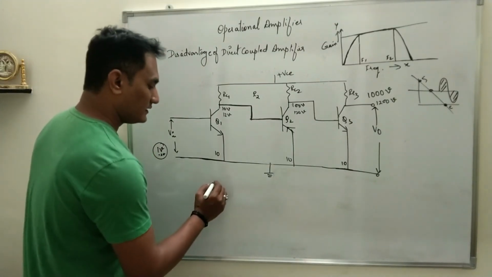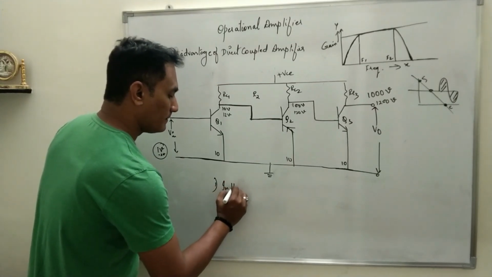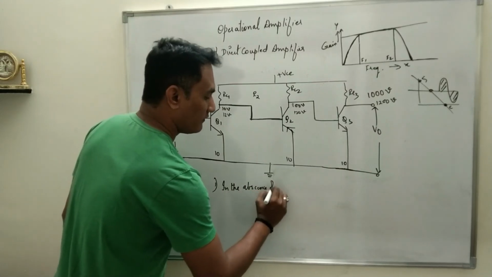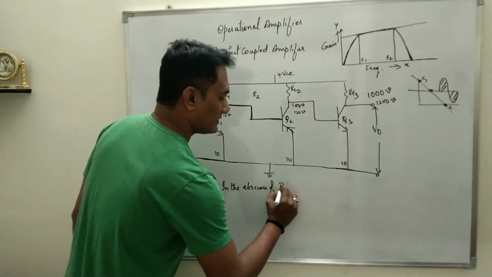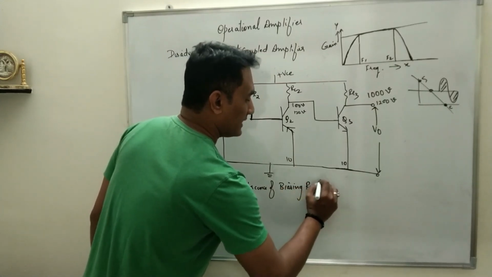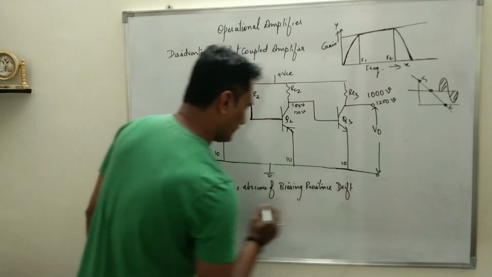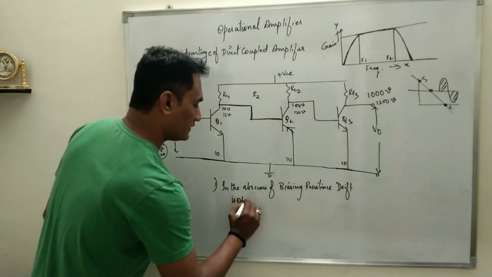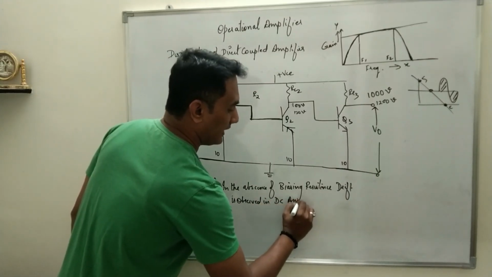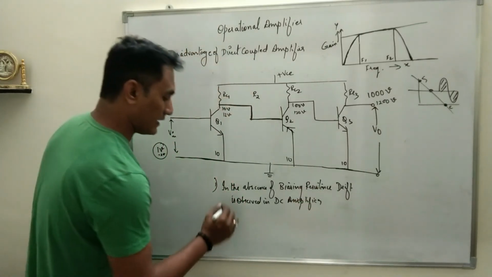So the first disadvantage related to direct coupled amplifier is, in the absence of biasing resistance, drift is observed in direct coupled amplifier. So this is the disadvantage related to direct coupled amplifier.